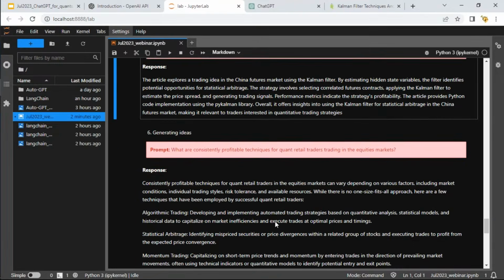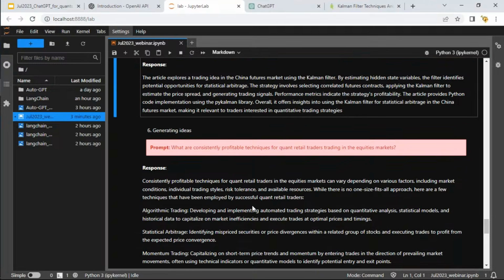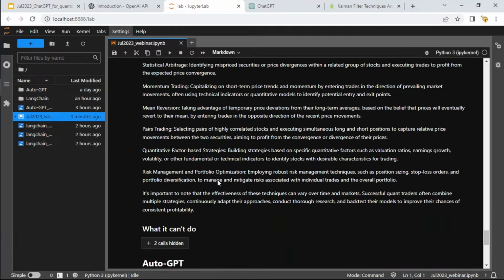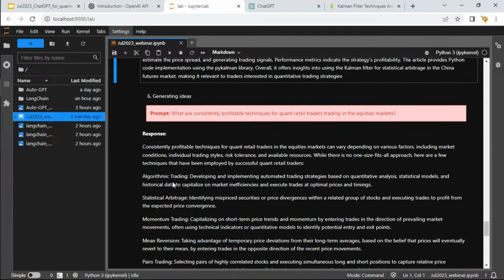How about generating ideas? So if I were to say something like, what are the consistently profitable techniques for quant retail traders trading in the equity markets? Or if I say, generate me a profitable strategy, I encourage you to try those kinds of things, right? When you do something like that, it gives you a pretty, I'd say, bland response, right?